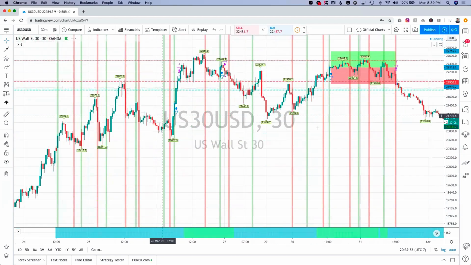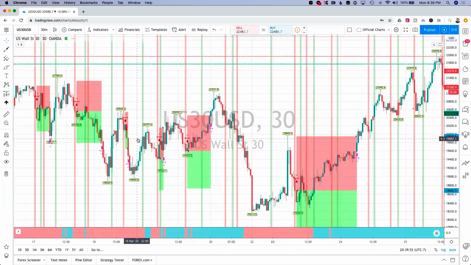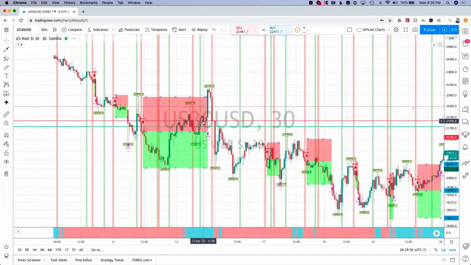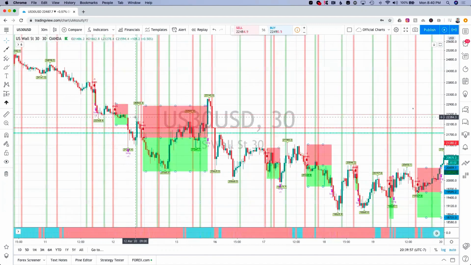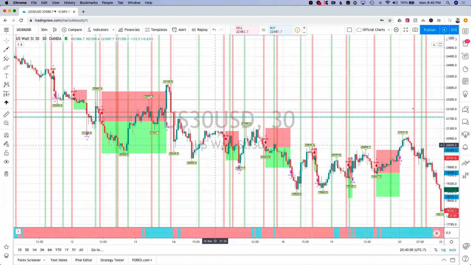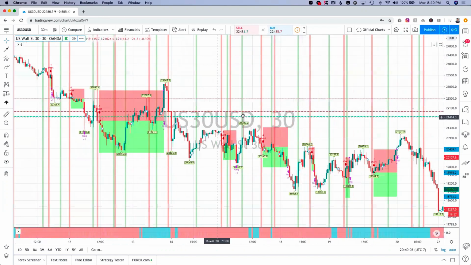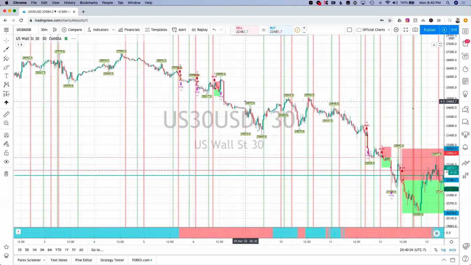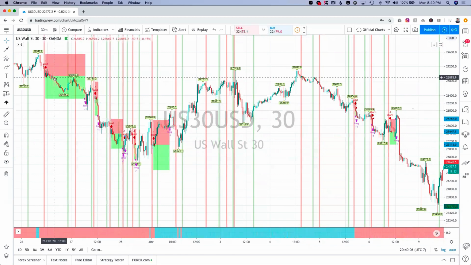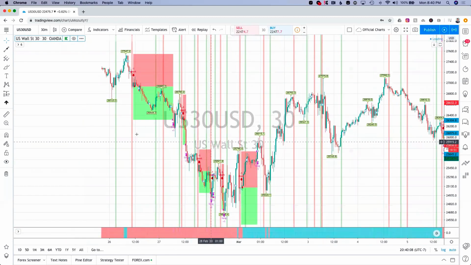If I go back and zoom out, I can see all the trades here. So everything's pretty much taken. It's like winner, winner, winner, winner. It pretty much just does everything for me. So you pretty much trade automatically.